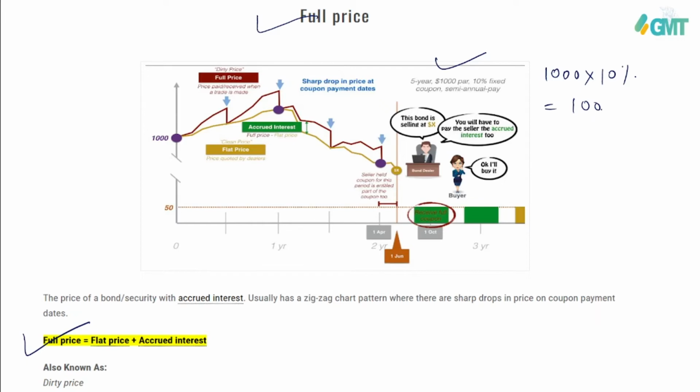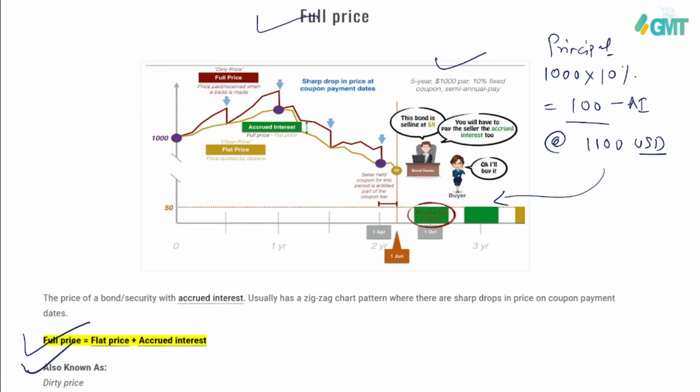Let's say up to 1 year, if the bond holder is selling the bond at $1100, because this is your accrued interest and this one is principal, and if the buyer is ready to buy the bond with an accrued interest, then that would be part of dirty pricing.